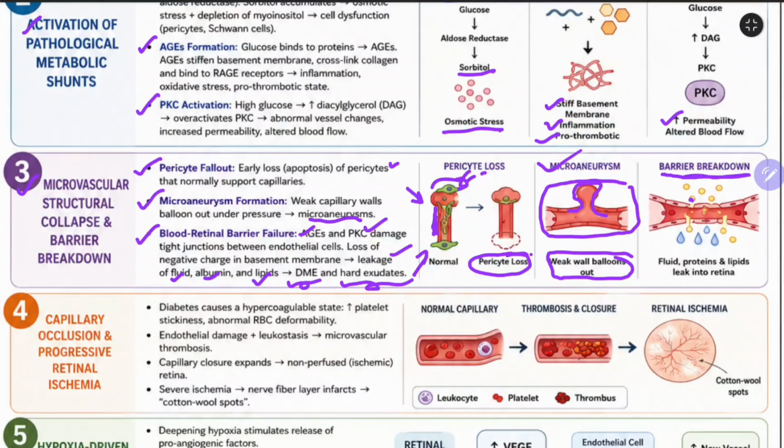The tight junctions between the endothelial cells are broken down, and the basement membrane has lost its negative charge. That's why cholesterol and proteins will enter into the retina, and they will cause diabetic macular edema and hard exudates, and dot and blot hemorrhages when the RBCs leak out, and flame-shaped hemorrhages.